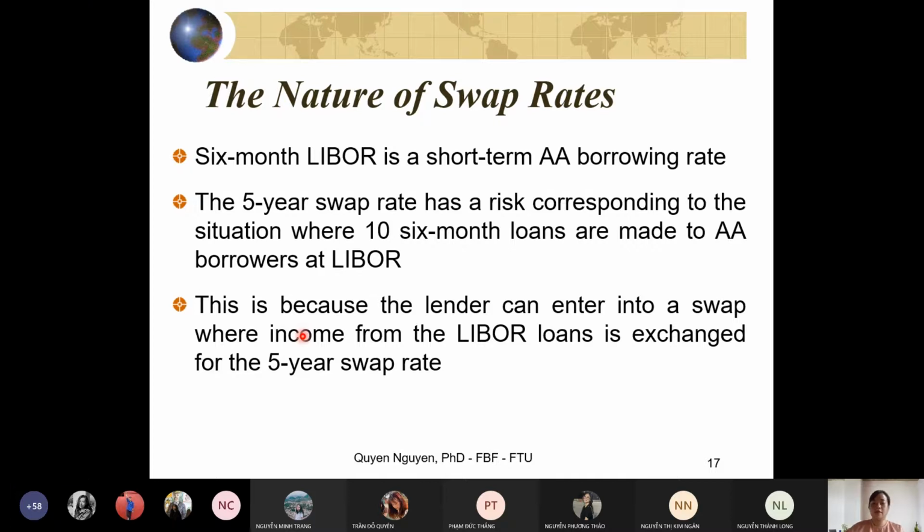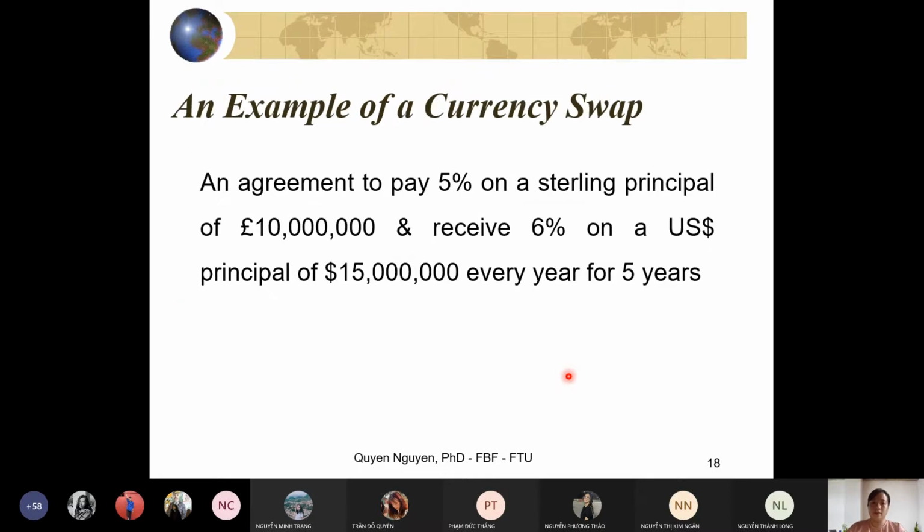This can be explained from this perspective that the lender can enter into a swap where the income from the loan with the LIBOR rate is exchanged for the 5-year swap rate. So this is to explain deeper the way that we establish the comparative advantage argument.